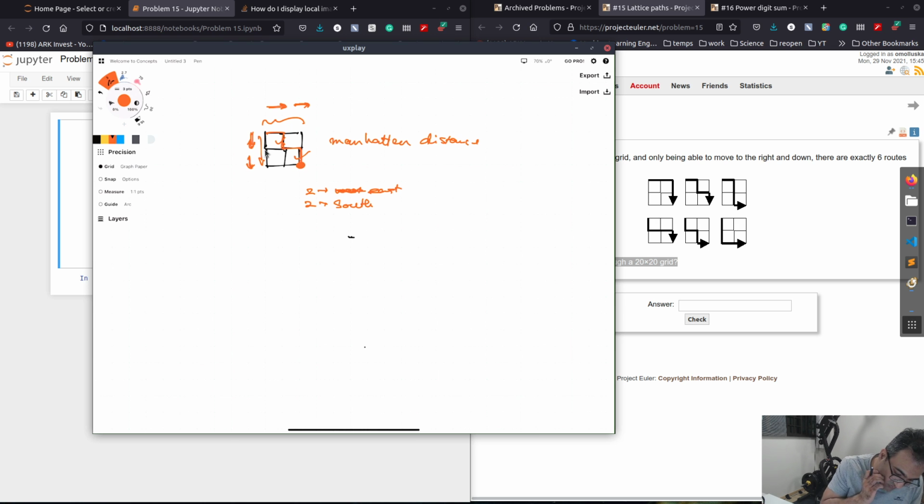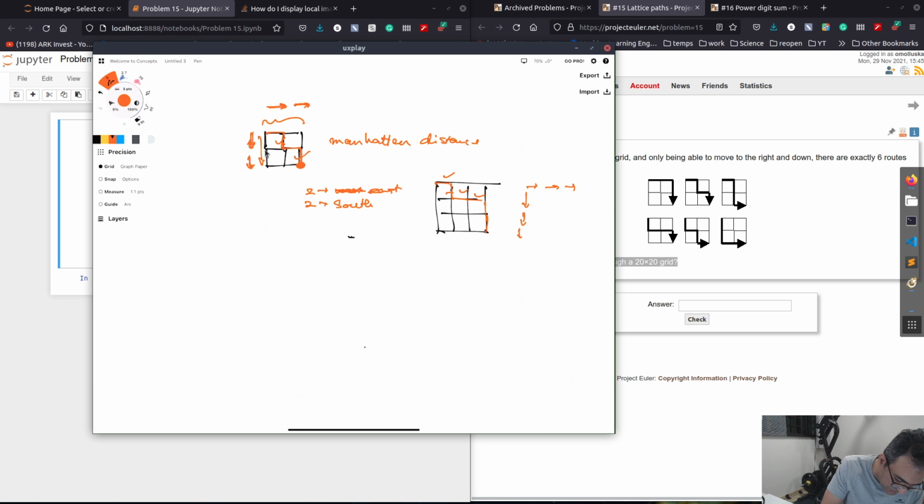So if you have an n by n grid, let's say you have a 3 by 3 grid like that, and you want to go down, you still have to go 3 to the right and 3 to the bottom.